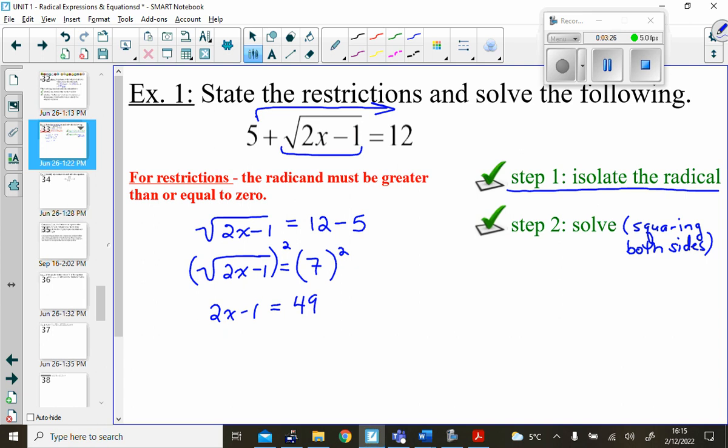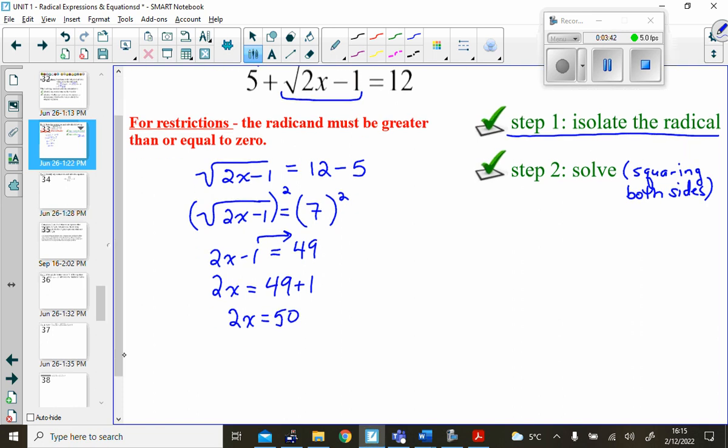So now it's easier to solve. Take the 1 to the other side. 2x now equals 49 plus 1. 2x equals 50. And therefore divide both sides by 2. x equals 25.